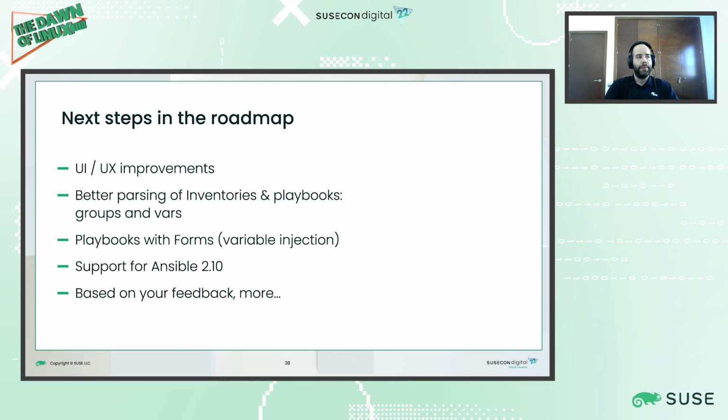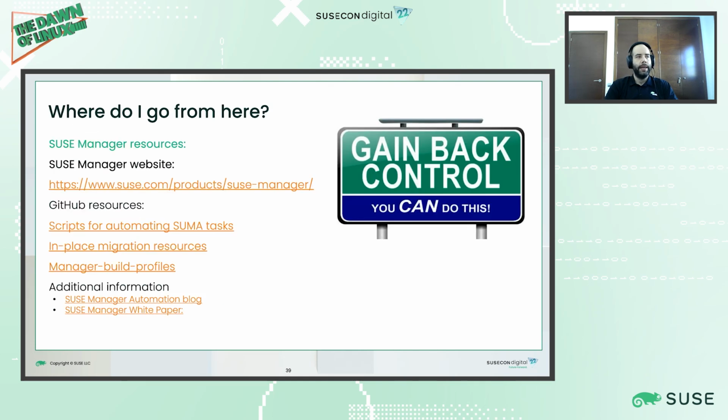Also in the roadmap, playbooks with forms, so being able to inject dynamic variables into the playbooks. That's also something we have in the roadmap. Also support for Ansible 2.10, where there are some big changes. Of course, based on your feedback, we can also define some new steps on this roadmap.